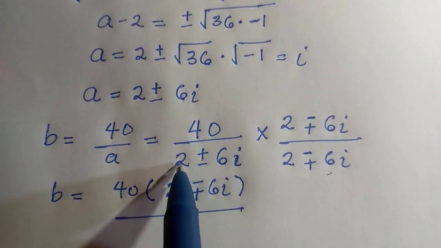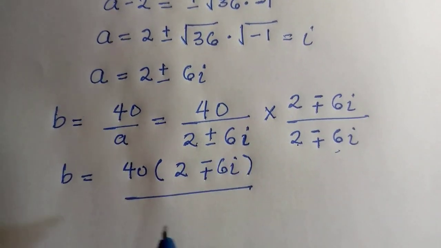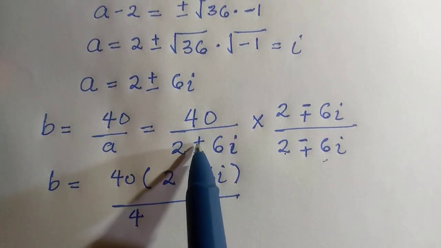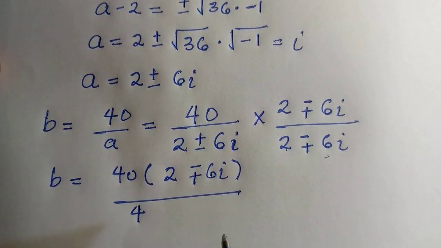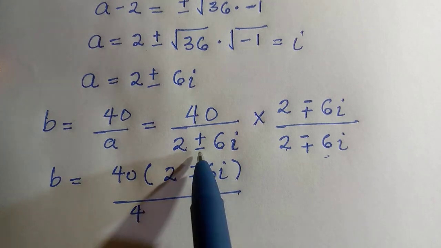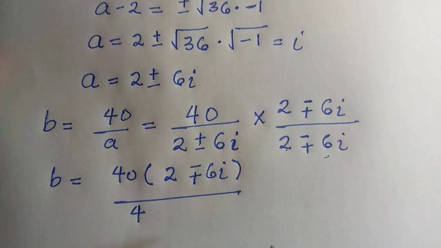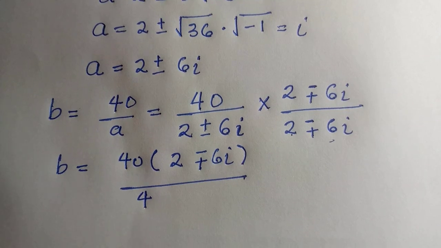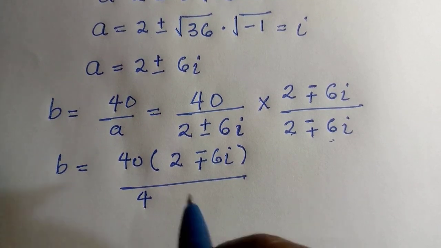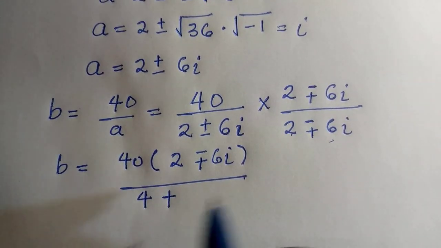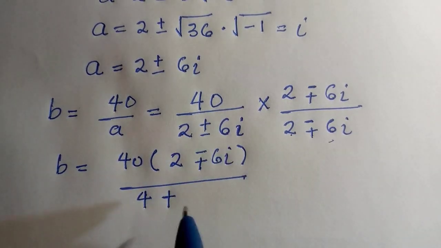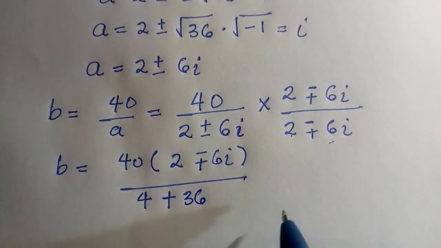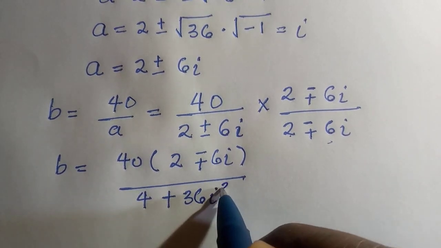We multiply the first terms, which gives 4. Then the operations: plus multiplied by minus gives minus, and the other minus multiplied by plus also gives minus. Then 6 multiplied by 6 gives 36, and i multiplied by i gives i squared, which is minus 1.